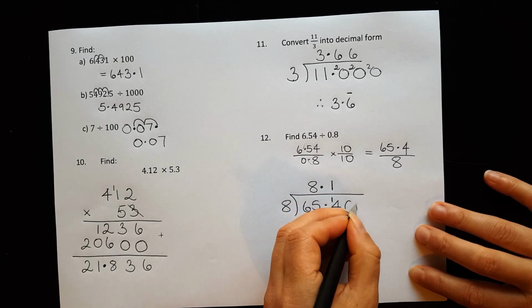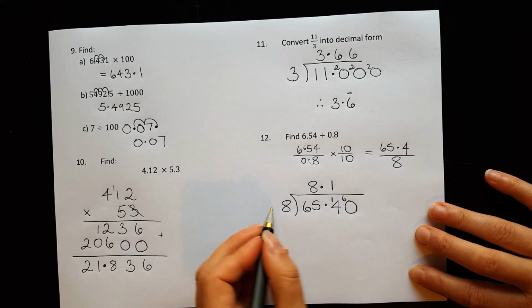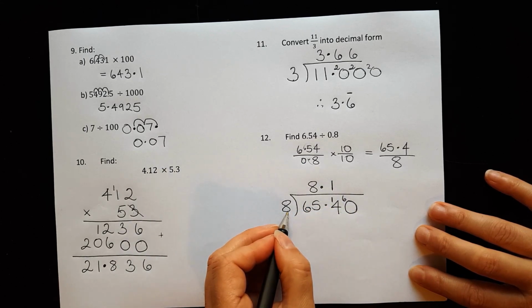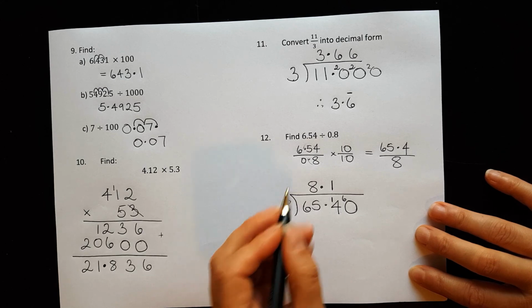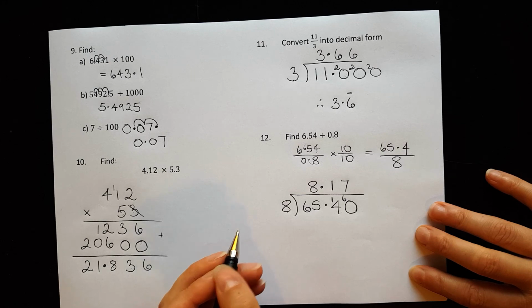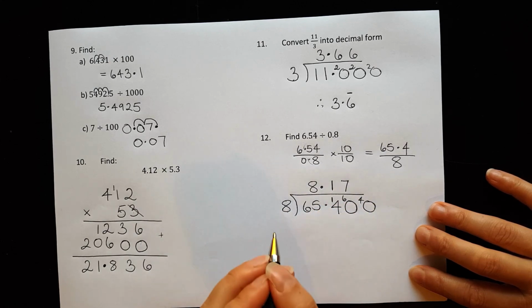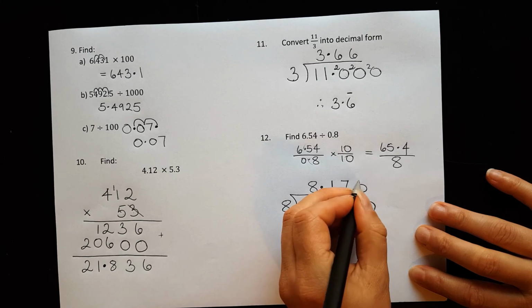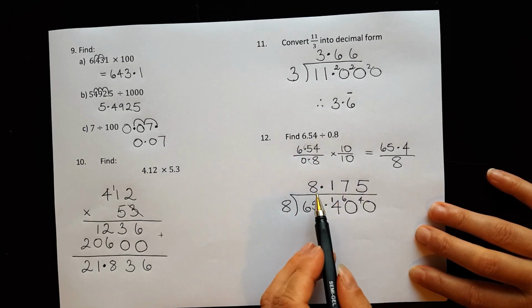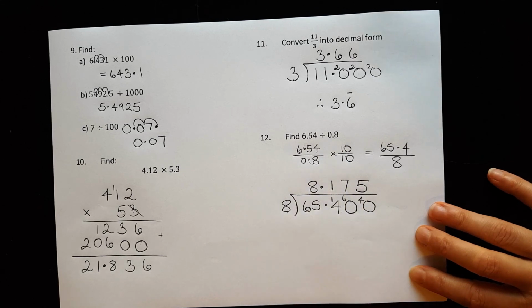So I put a 0 down, put the 6 in front. 60 divided by 8. 7 times 8 is 56, so it's going to go 7 times, with a remainder of 4. And 40 divided by 8 goes 5 times, exactly, no remainder. So 8.175 for the answer. That's it for our revision lesson.